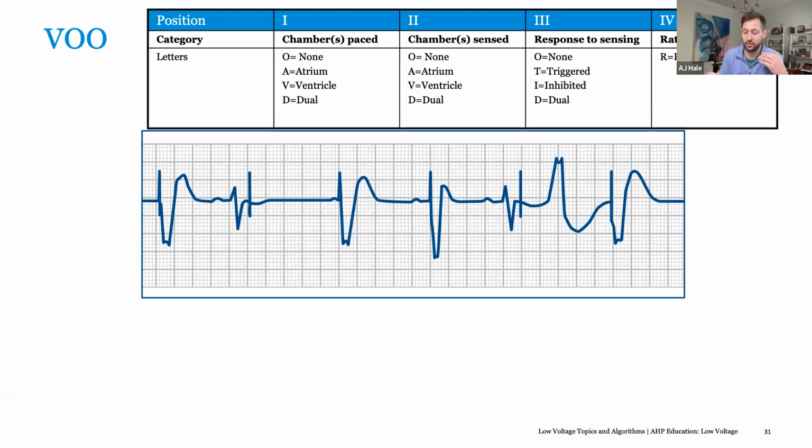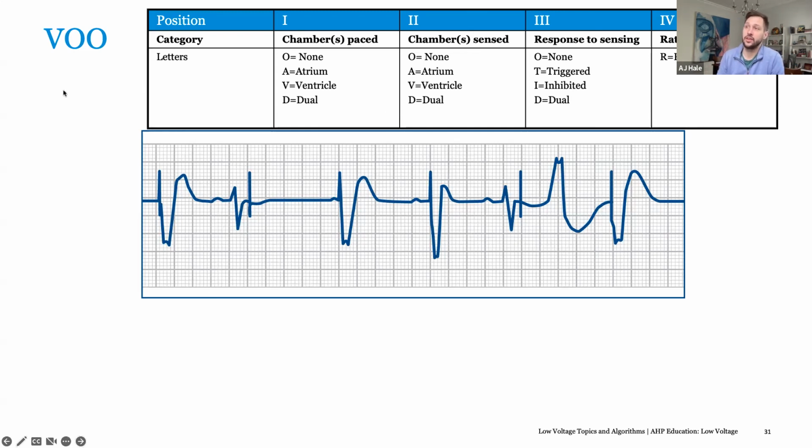A pacemaker is just a bunch of little clocks that all start and stop at different times. We can go over that in later lectures, but essentially, if a device is set VOO 60, for example, the device waits 1,000 milliseconds. If you ever need to do the math, to figure out the milliseconds it's 60,000 divided by BPM equals milliseconds.